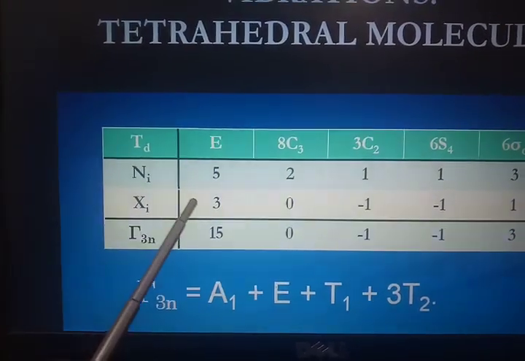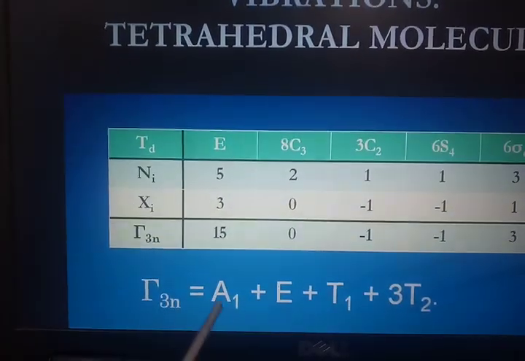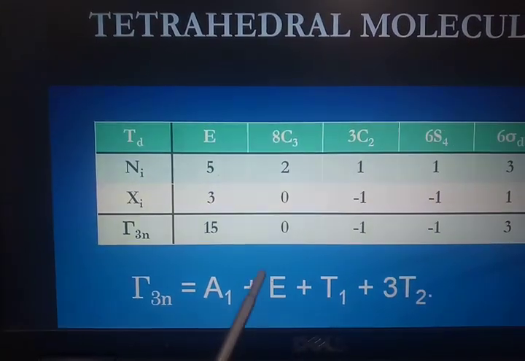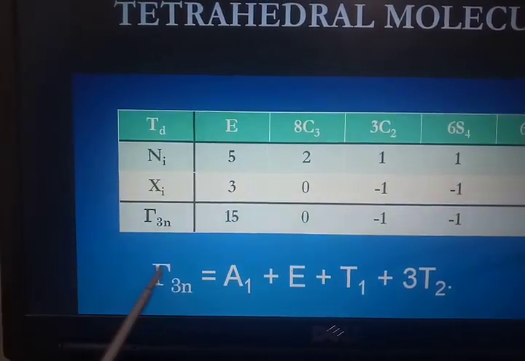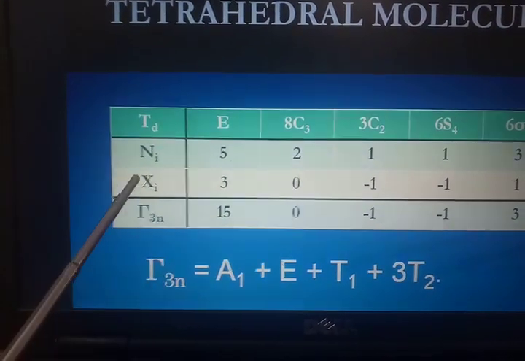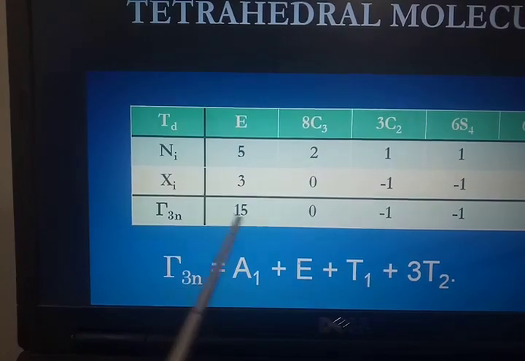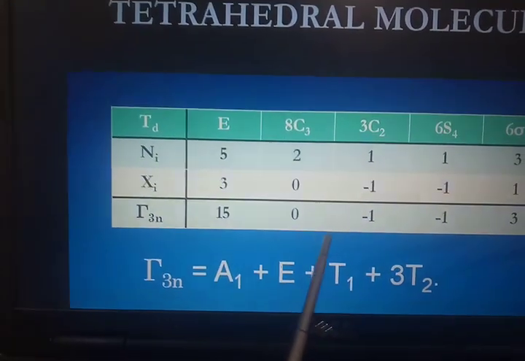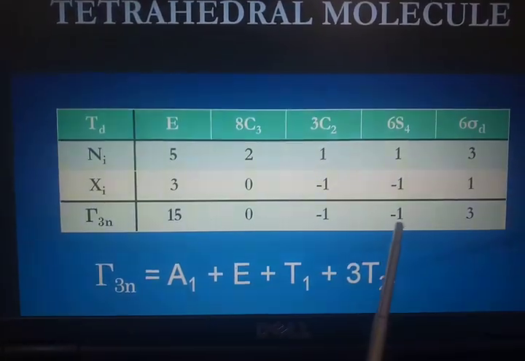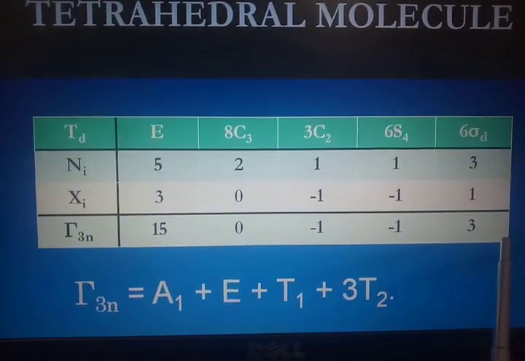If we carry out the product of these values vertically, then for the 3n degrees of freedom, the complete total degrees of freedom, the reducible representation which we obtain is equal to 15, 0, -1, -1 and 3.